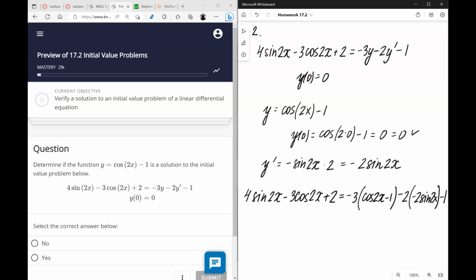And now we have to check whether those are the same. And we see that it looks like the last coefficient is not the same. Everything is the same except on the left we have plus 2, on the right side we have negative 1. So it looks like it is not a solution. So the answer here is a no.